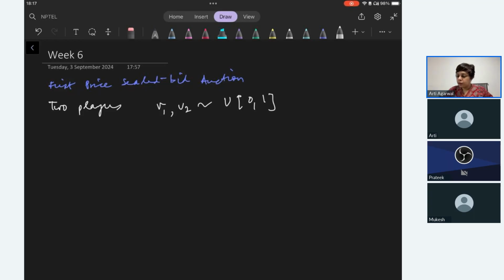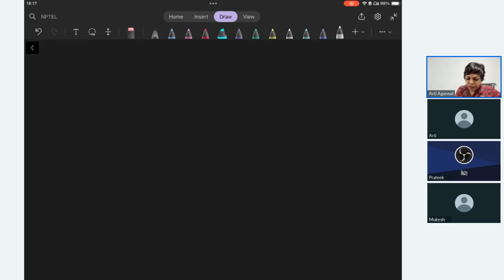So let me just recap what we need to do over here. The first thing we need to do is write the utility function of any one player. For the sake of simplicity, you can take Bi, Bj and write it in general terms, or you can write it as 1, 2, whichever you prefer. Suppose I write it in terms of i and j.